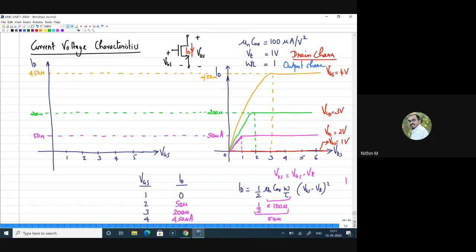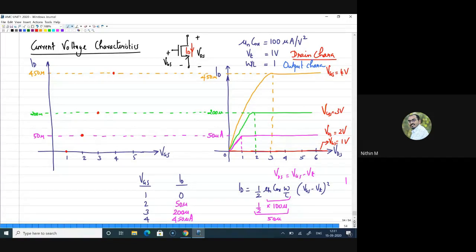So what am I doing with all these colors here? If I plot the ID-VGS graph, I know that for 1 the current is 0, so I'll mark here. Now for 2 the current is 50 microamps, it is here. For 3 the current is 200 microamps, it is here. And for 4 the current is 450, it is somewhere here, right?